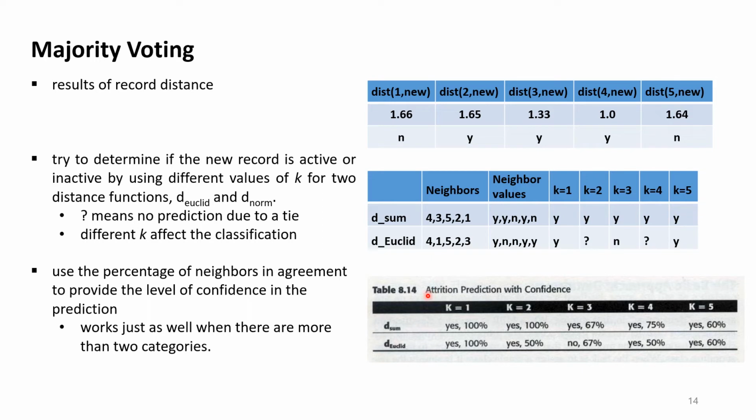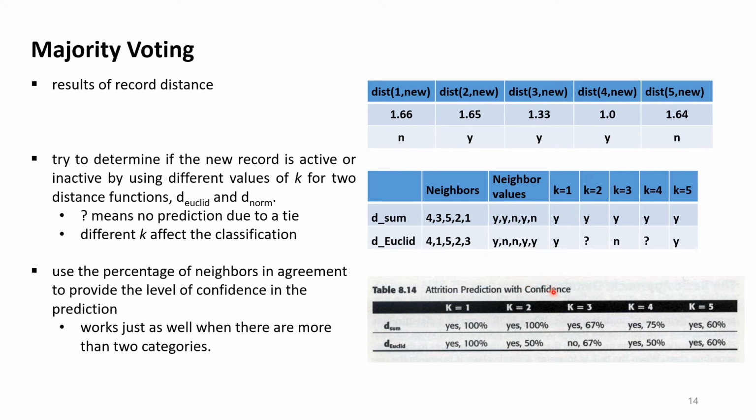Sometimes you can compute the confidence of your predictions. Let's take a look at this example here. Suppose you use Manhattan distance, and k equals 3. So in this case, you choose 3 neighbors: 4, 3, 5, and their class values are y, y, n. So you have 2 y and 1 n.